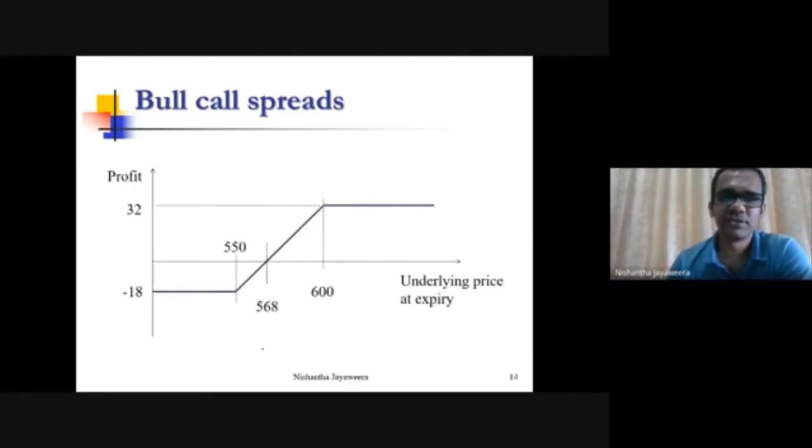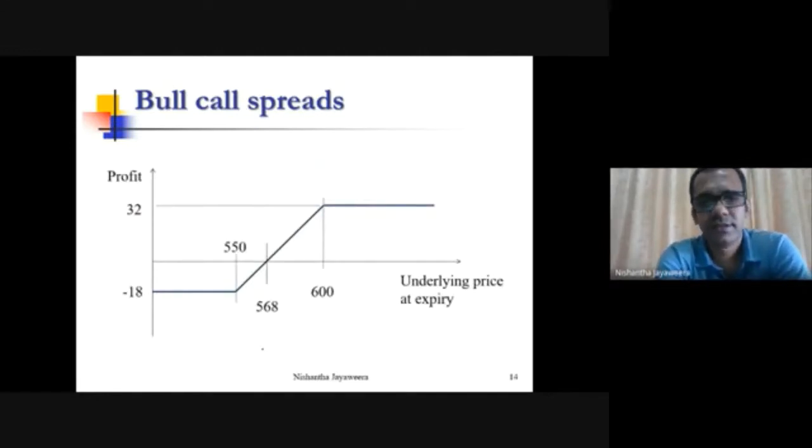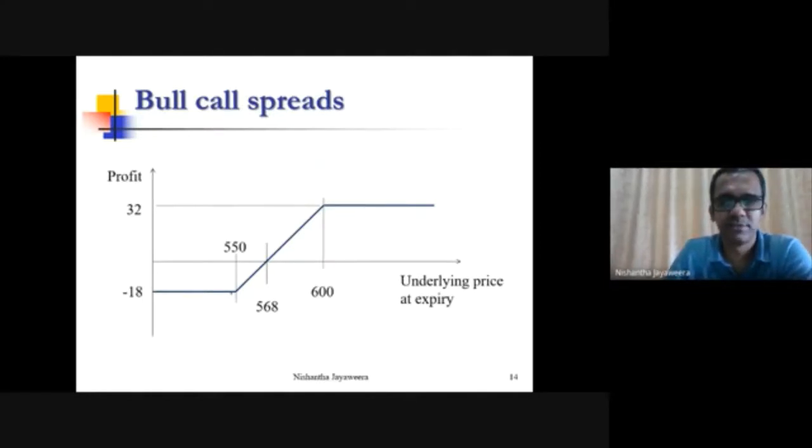Outcome scenario 3. If you put that into a diagram, this would be the diagram. So until the price comes to 550, neither you nor the buyer will exercise options. But after 550, you will start to exercise the option, but not the buyer of the option at 600.